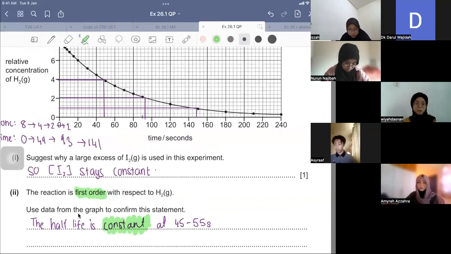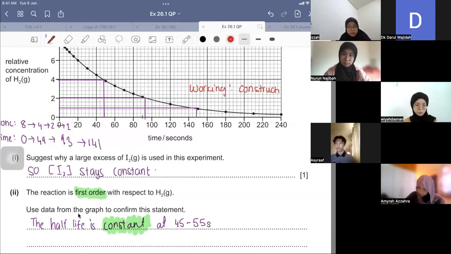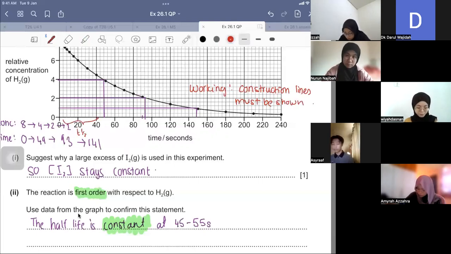And the most important thing is your working: construction lines must be shown. So you can label this T half 1 and T half 2, and that's enough. Just 2 half-lives should be enough.